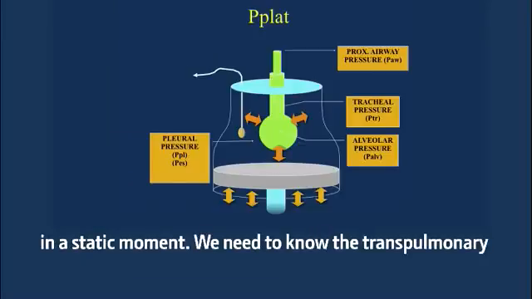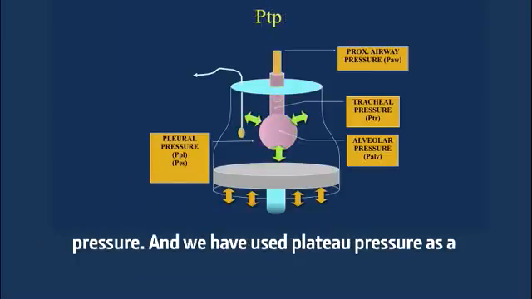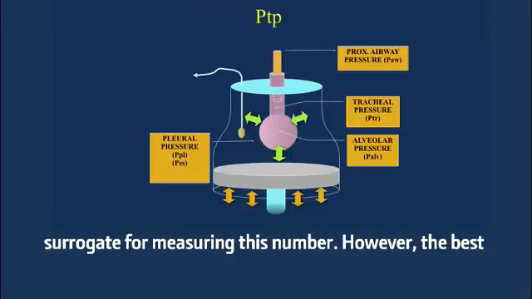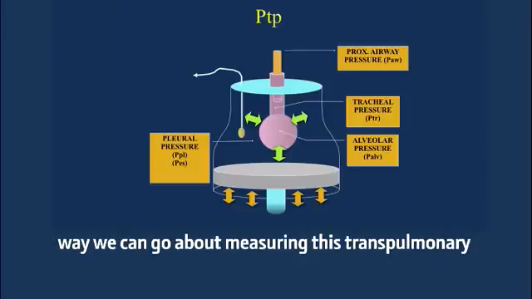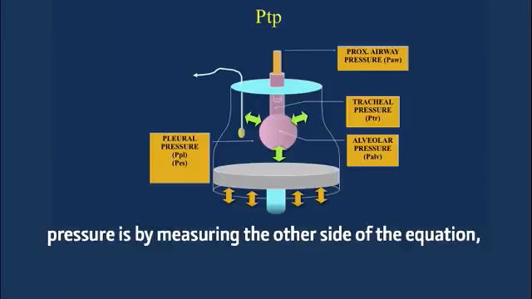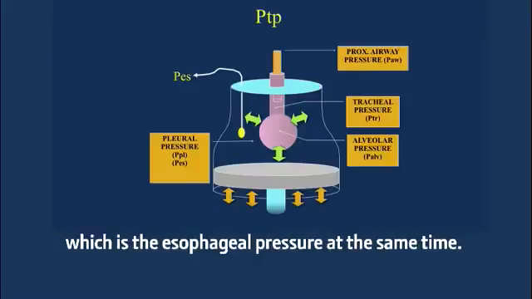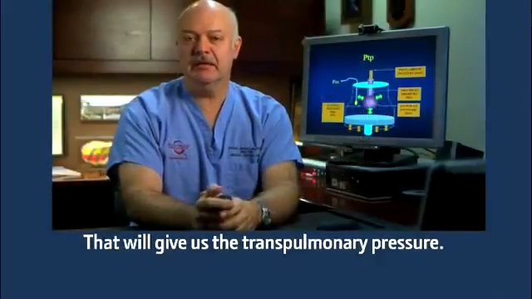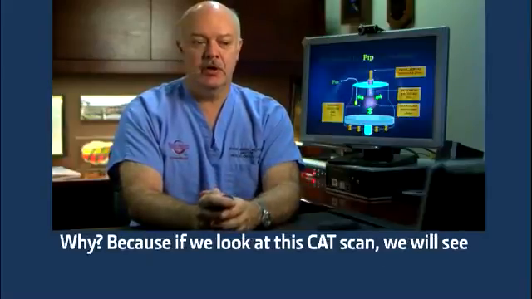We need to know the transpulmonary pressure, and we have used the plateau pressure as the surrogate for measuring this number. However, the best way we can go about measuring the transpulmonary pressure is by measuring the other side of the equation, which is the esophageal pressure, at the same time. That will give us the transpulmonary pressure. Why?